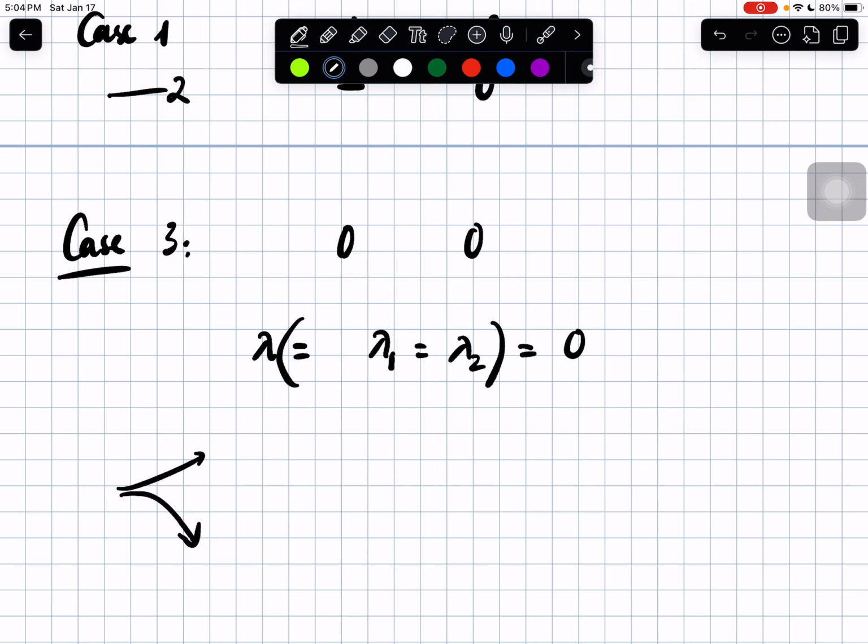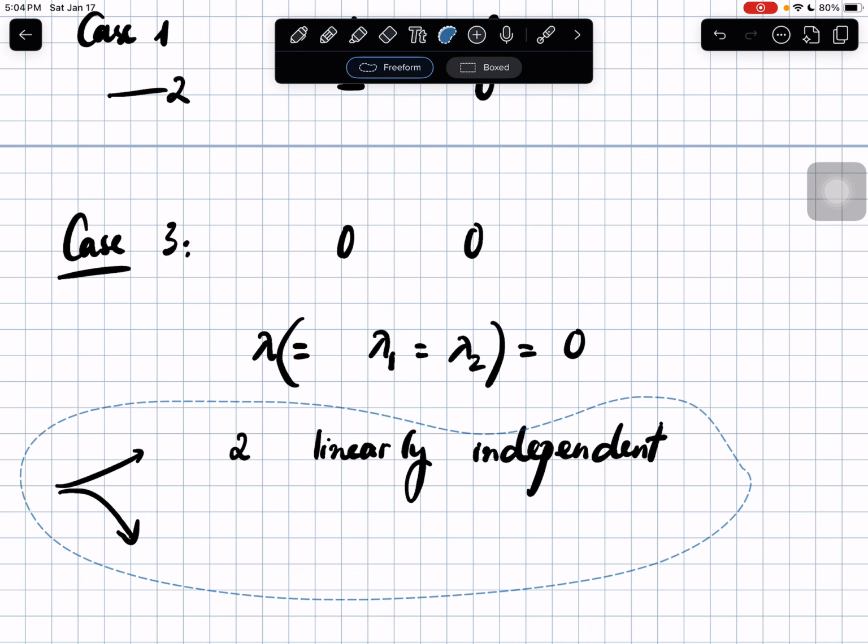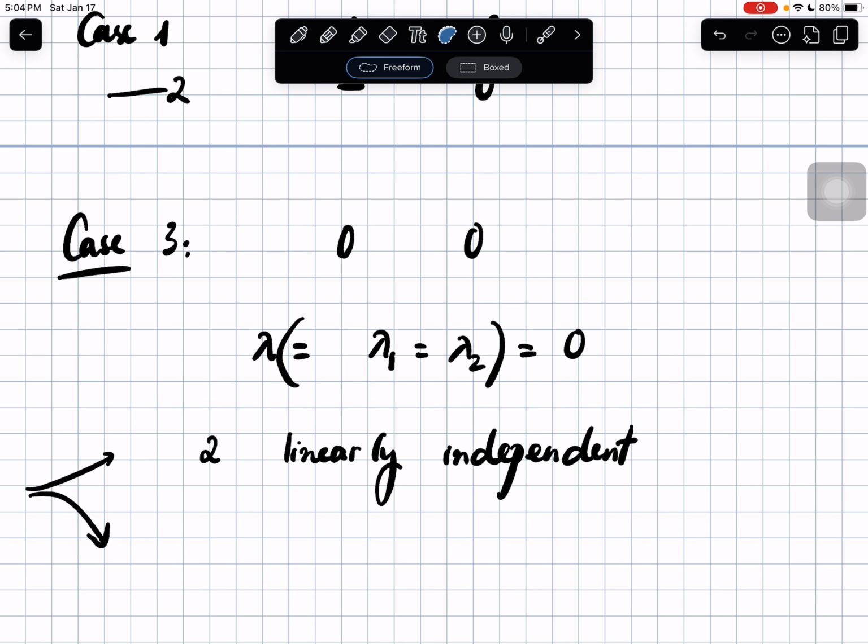The first one is if we have two linearly independent eigenvectors. The second case, we have a defective lambda.